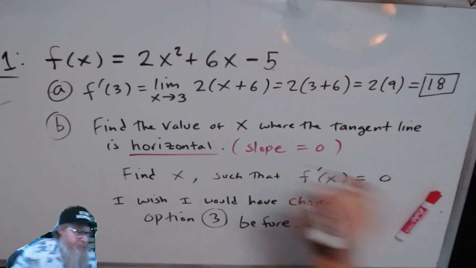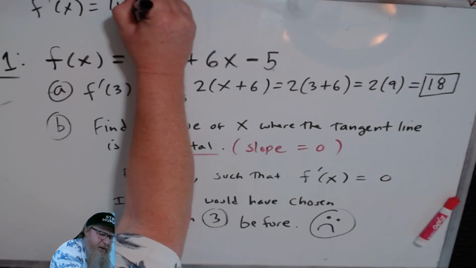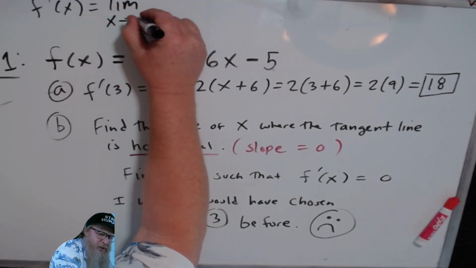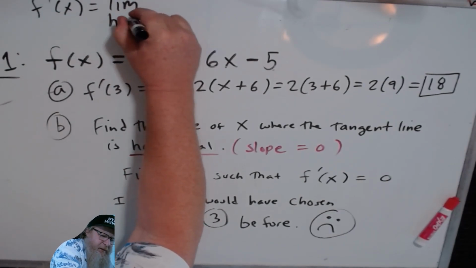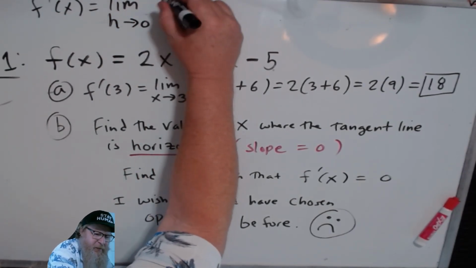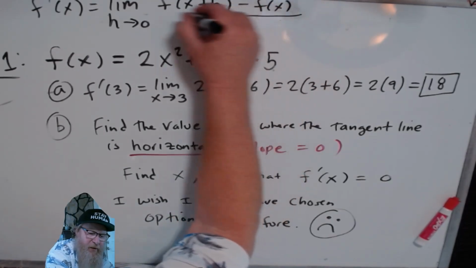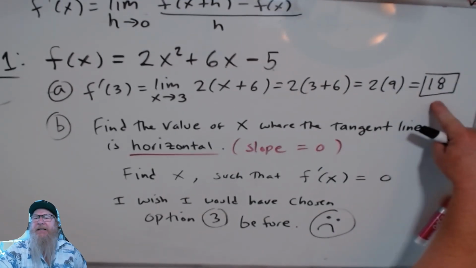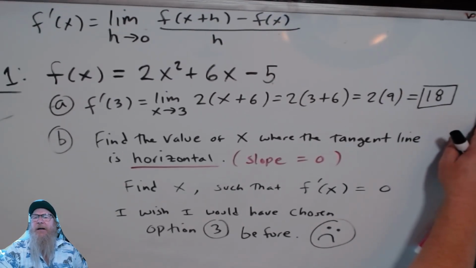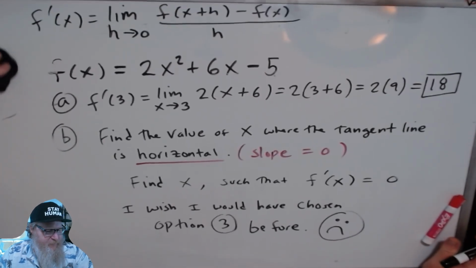So let's do it: f prime of x is the limit as h approaches 0 of f of x plus h minus f of x all over h. I'm doing option 3. Keep this in mind, I can show you that we would have gotten 18 using option 3 as well.